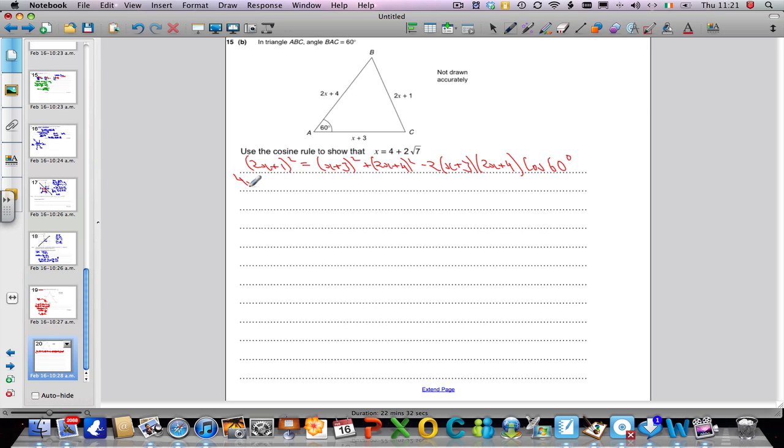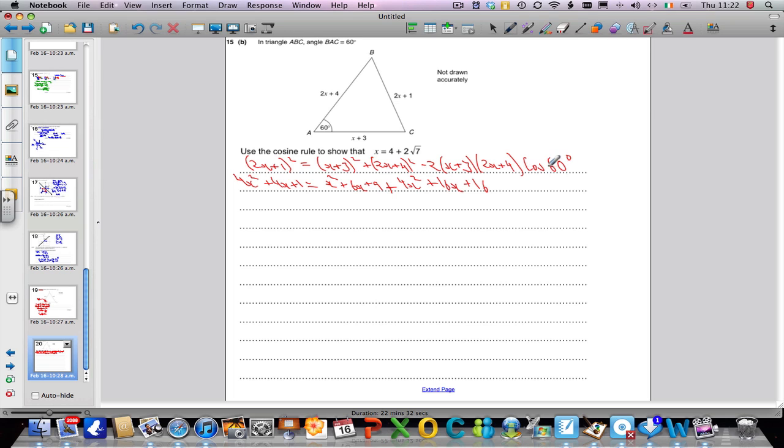We get 4x squared plus 4x plus 1. And when we expand this bit out, we get x squared plus 6x plus 9. And then expanding this out, we get 4x squared plus 16x plus 16.